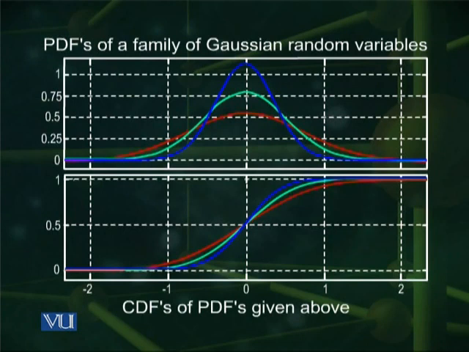So I have relied on numerical methods to find this CDF, and it is plotted on the lower part of the screen. The top part shows 3 Gaussian random variables with lambda equal to 1, 2 and 4, and the lower part shows the CDF for the PDFs plotted above.